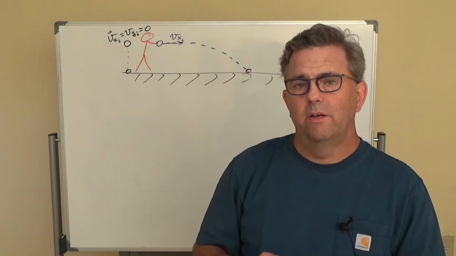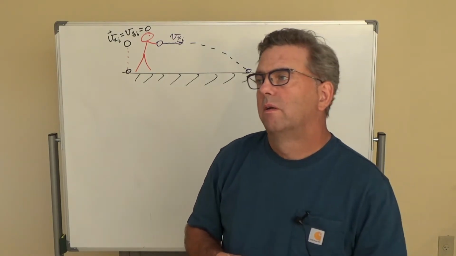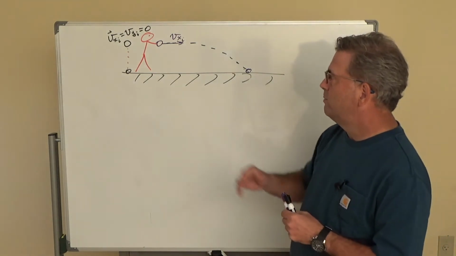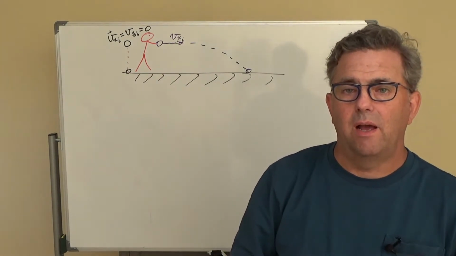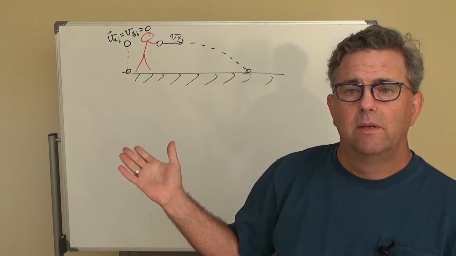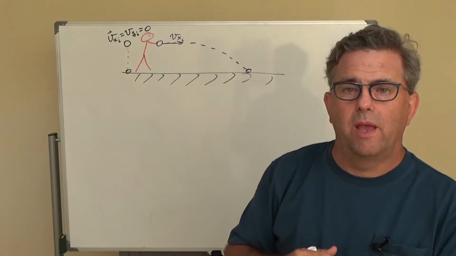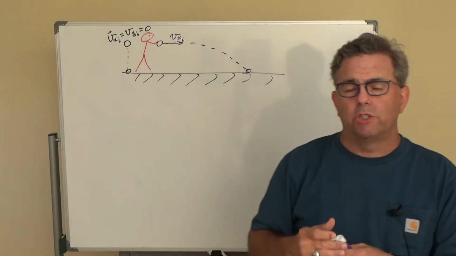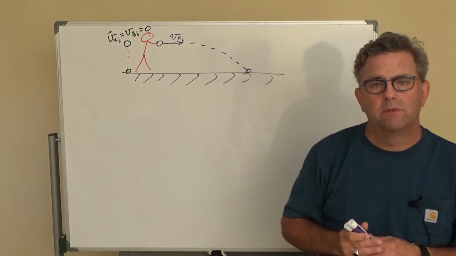So this is the idea of projectile motion. And one of the goals that we have is, by knowing the initial conditions for the projectile, where is it going to land? How is it going to interact with something else, based on its motion in the x direction and the y direction.